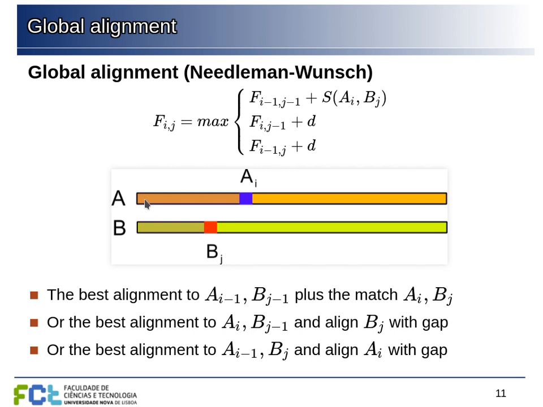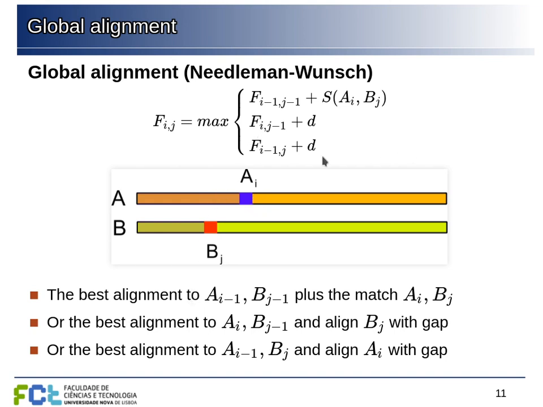The other possibility would be the alignment of everything up to i, but excluding Bj. So we align everything here, including this Ai, with this stretch here, excluding Bj. So we stop at j minus 1. We have the best score of this alignment, and then we pay a penalty for the gap, because now we're leaving Bj without a partner, and we must insert a gap here on this first sequence.